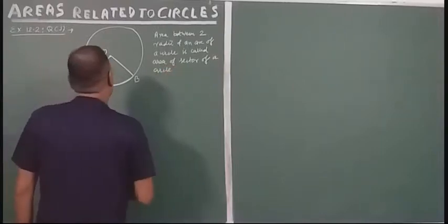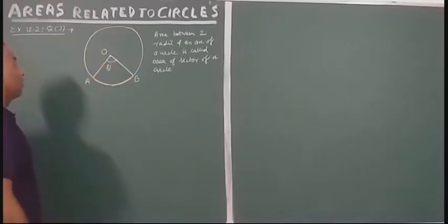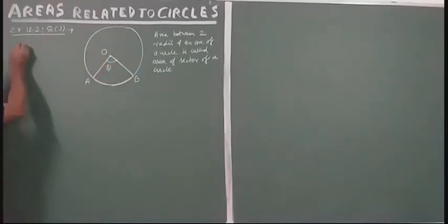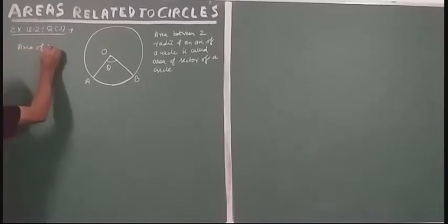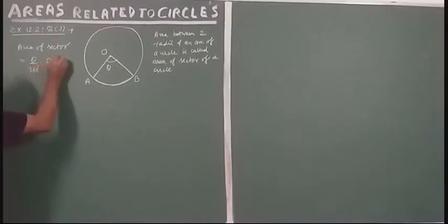Okay. Let this be the angle made here, theta. Then the formula for this is: area of sector is equal to theta upon 360 degree into pi r square.